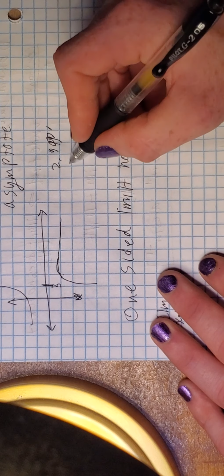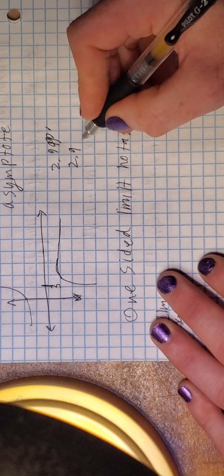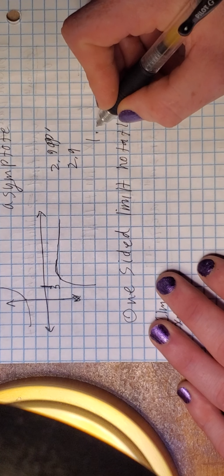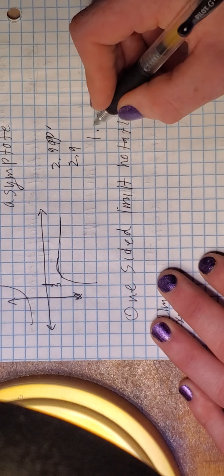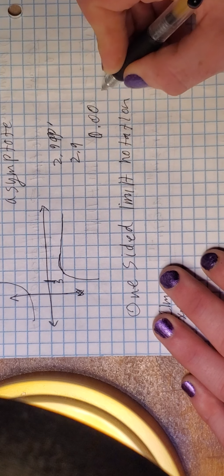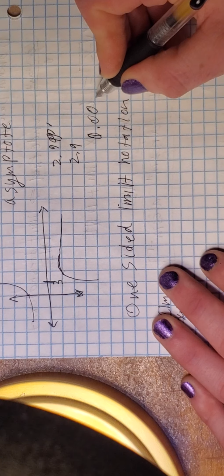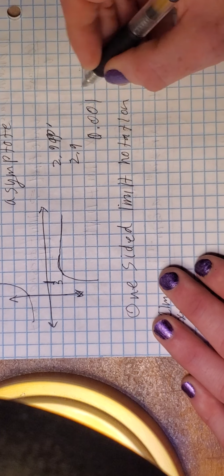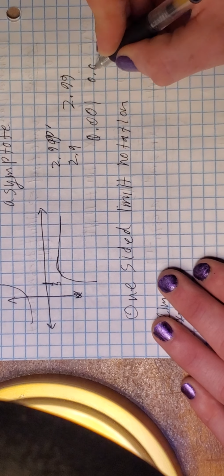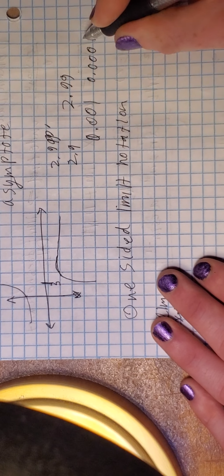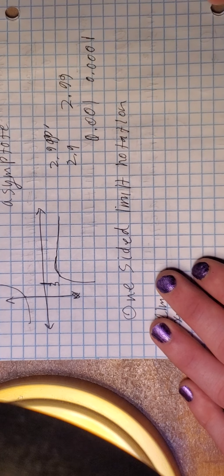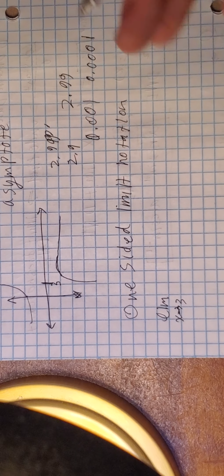Say 2.9, for instance, would be, let's just pretend, something like 1.0, and then 2.99, if you put that in, it becomes 0.001, and so on. So it doesn't get closer to the same number. The number changes. I'm sorry if that's confusing.